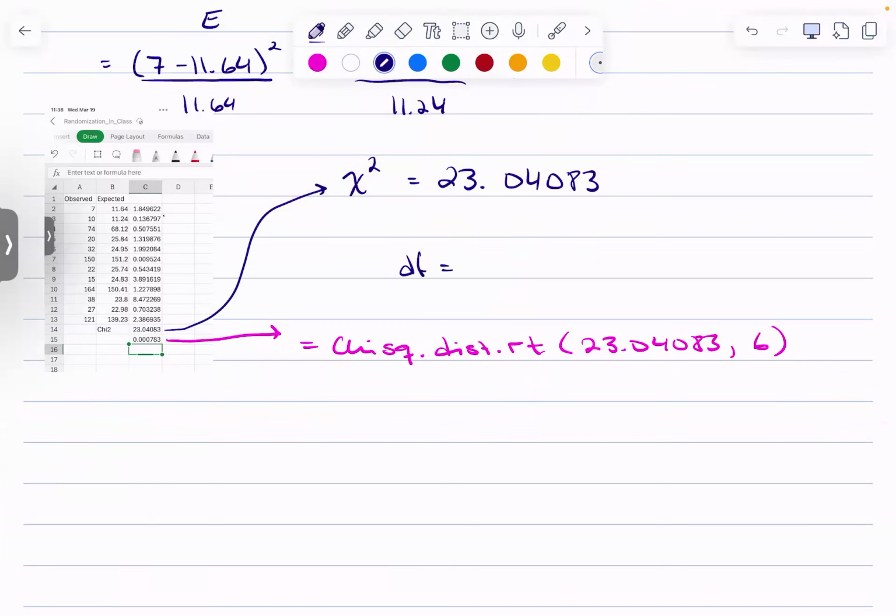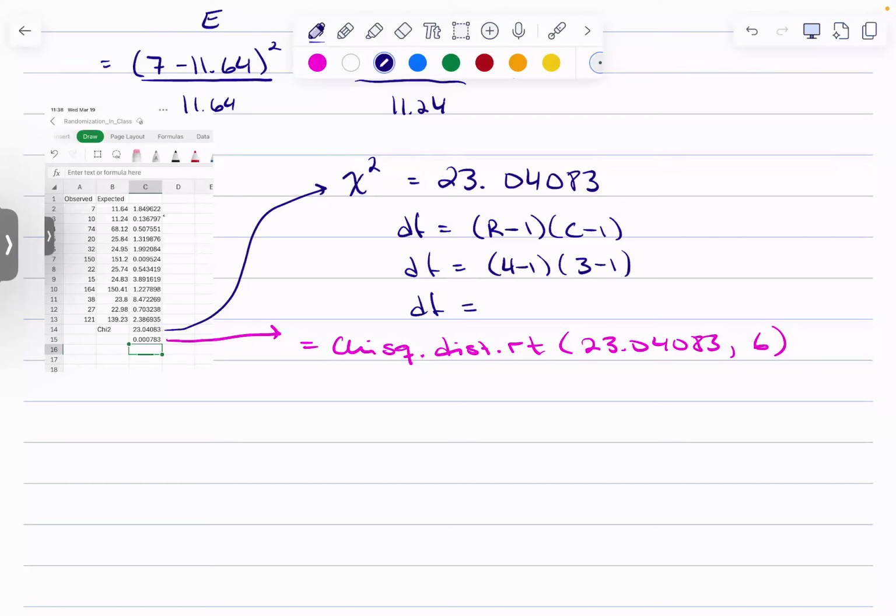But I'll also jot down the degrees of freedom is the number of rows minus 1 times the number of columns minus 1. We had 4 rows and 3 columns.